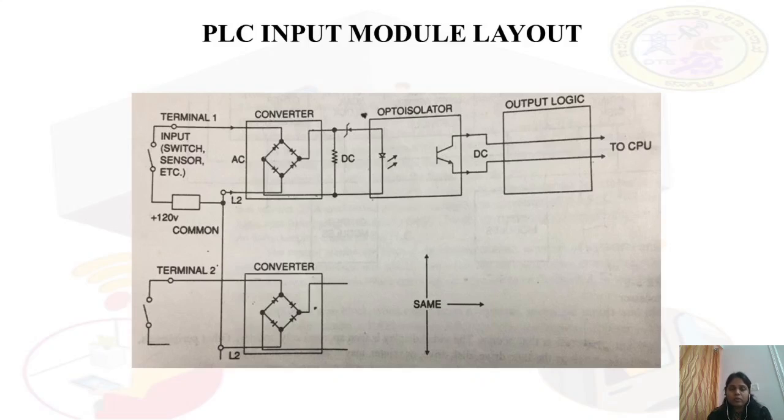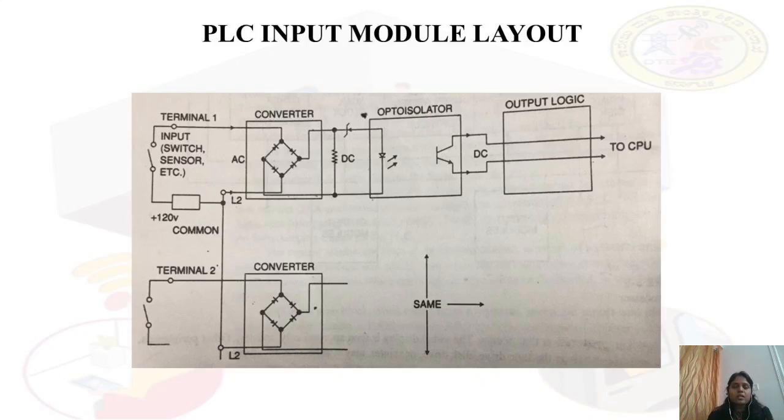As I have told you, from the input signals to the input module, and from the output module to the output signals, you can have voltages such as 12 volt, 24 volt, 120 volt, 240 volt, etc. But between the input module and the CPU, and between the CPU and the output module, you should have only plus 5 volt to minus 5 volt.